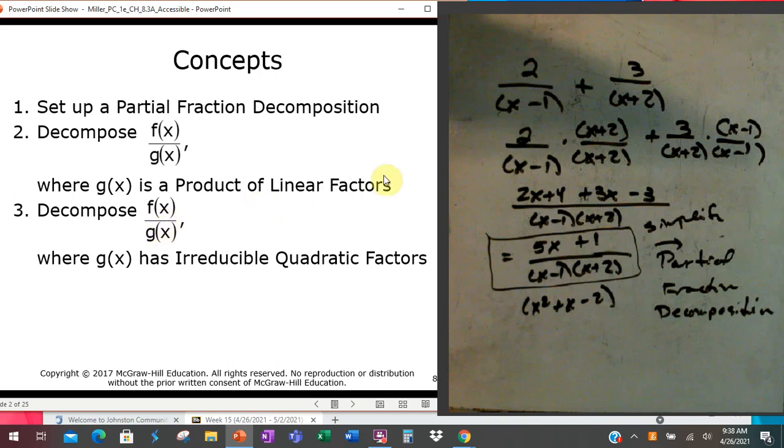G of x is a product of linear factors. It may not be a product of linear factors; it may be a quadratic that is irreducible, and then we can go from there.